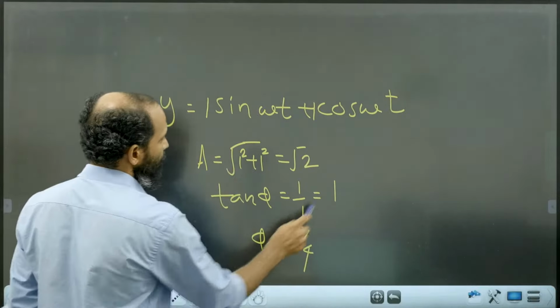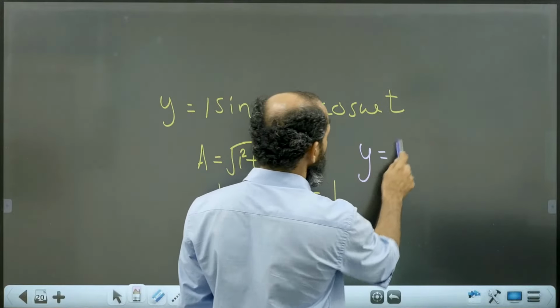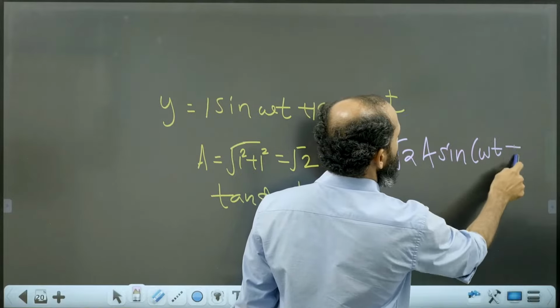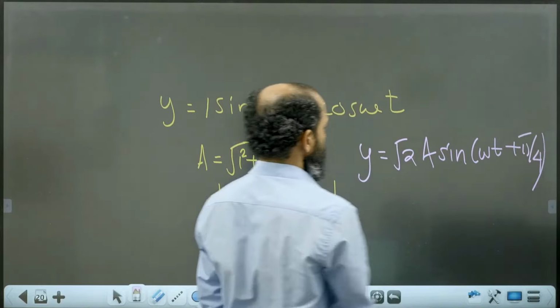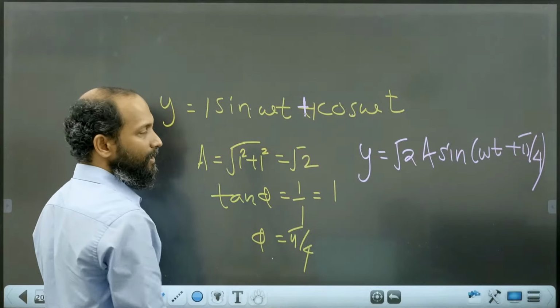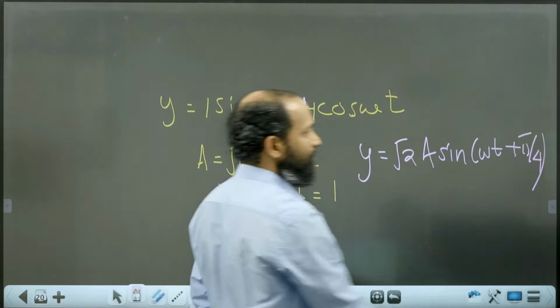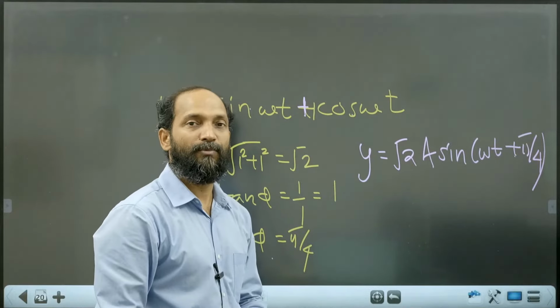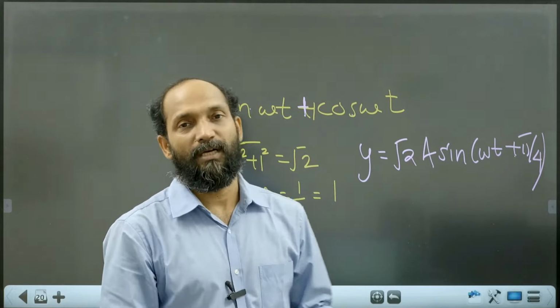So our equation can be written as y is equal to root 2 sin omega t plus pi by 4. If the sign separating these two terms is negative, that will reflect here as omega t minus pi by 4. So linear combination of two simple harmonic motions is also simple harmonic.